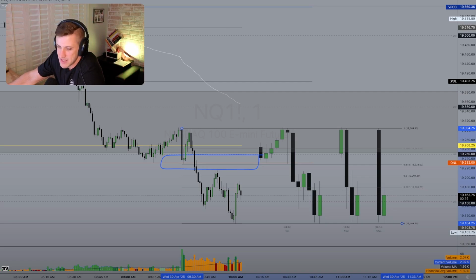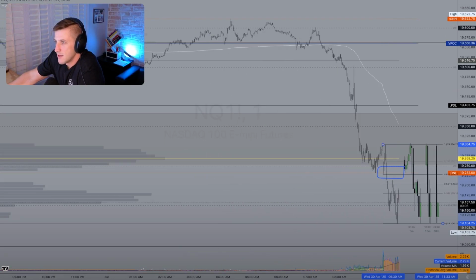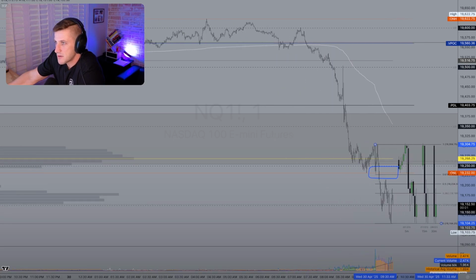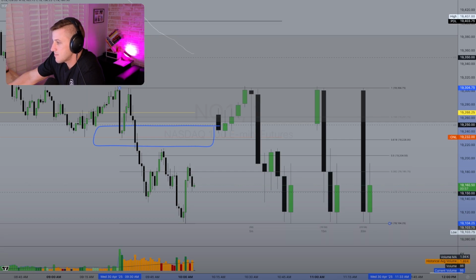So 19,150 stays on watch. It's that nearest level of interest. Keeping an eye on the structure here as well. I like to see how we're looking once this volume point of control shifts. Probably going to be in the next couple minutes if price continues to trade in this area.